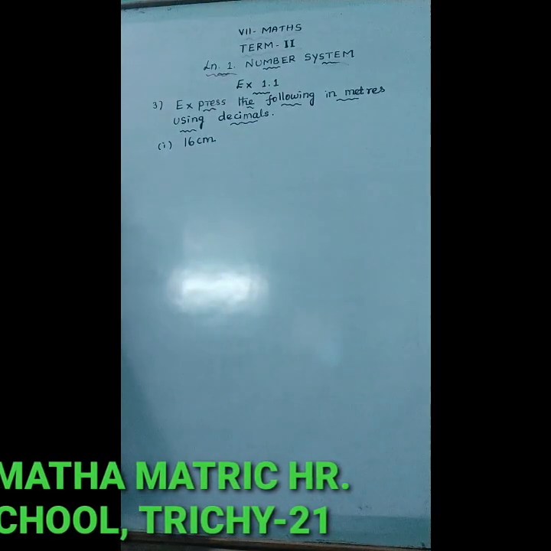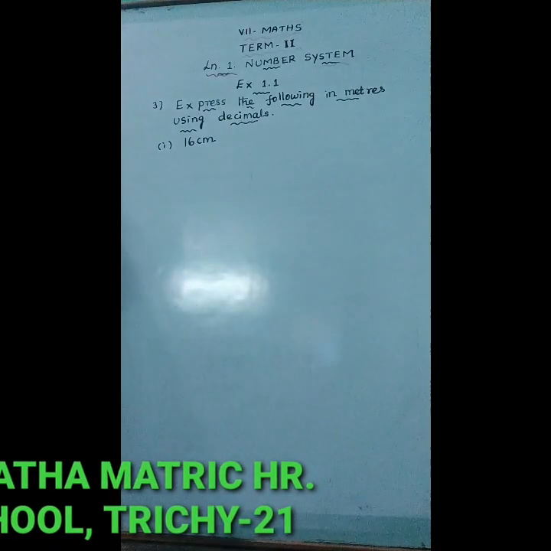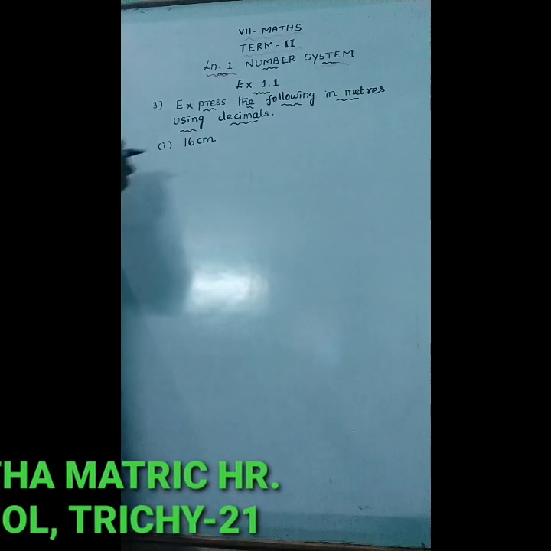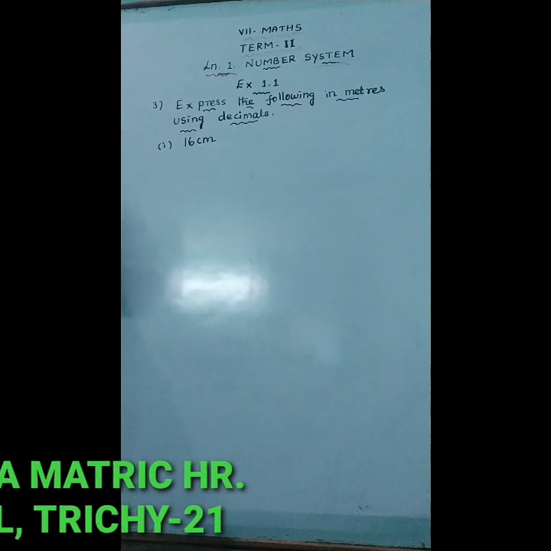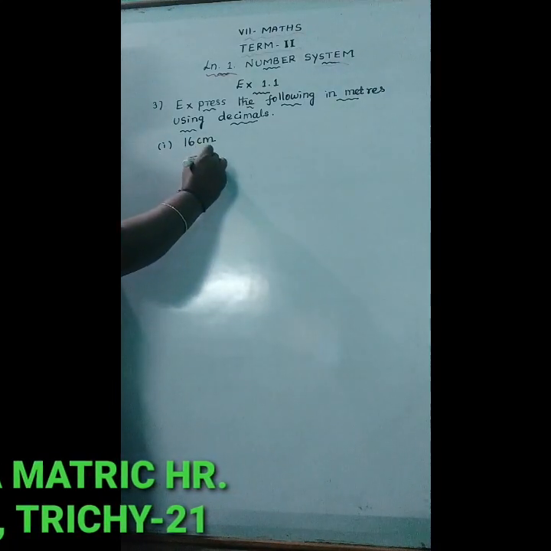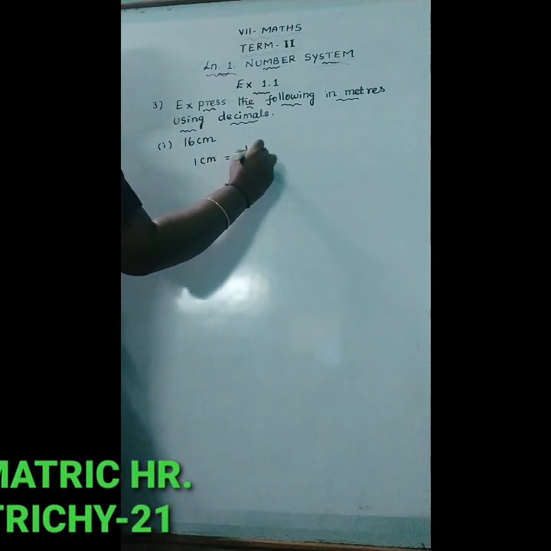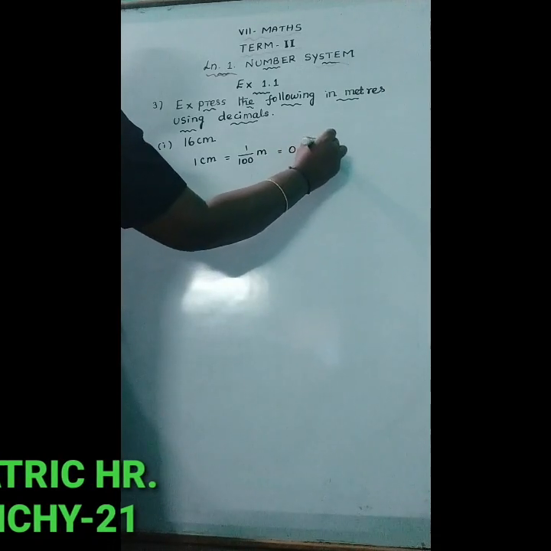In the third one, express the following in meters using decimals. The first sum is 16 centimeter, which we change into meters. Already we know 1 centimeter is equal to 1 divided by 100 meter, that is 0.01 meter.